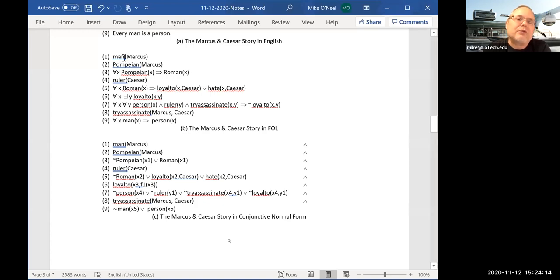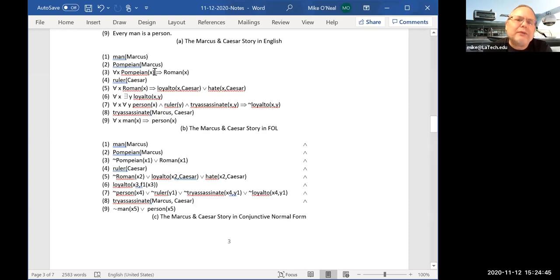Some of them are just atomic, like Marcus is a man, so there's nothing to change there, and Marcus is Pompeian. And what happens when you have for all x, Pompeian x implies Roman x? For all x, not Pompeian x1 or Roman x1. I'm putting x1 here because the variables between the different statements need to be unique or you're going to screw things up.